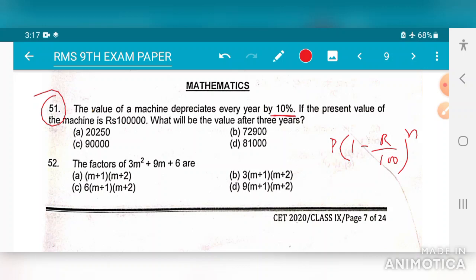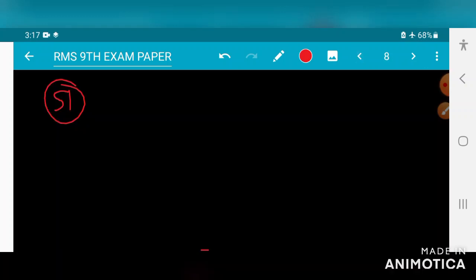So there is one important formula: the value of a machine after n years when the depreciation percentage is given.